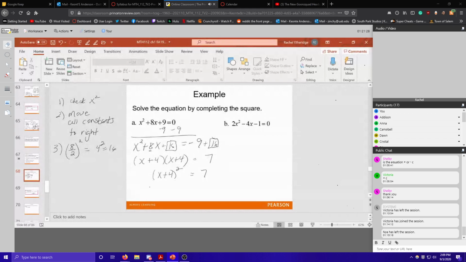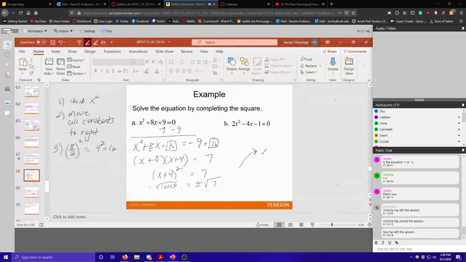So now I'm using the square root property. So square root of this side equals positive or negative square root of the right. I'm going to come over here and finish.